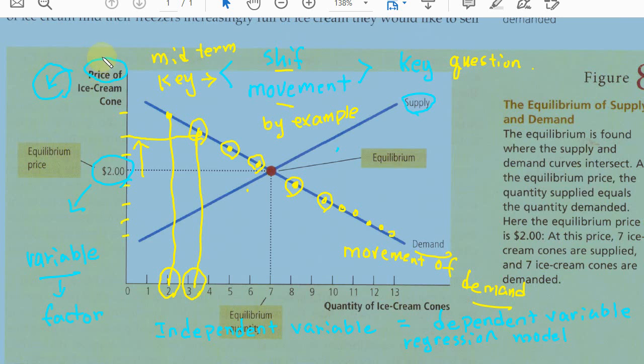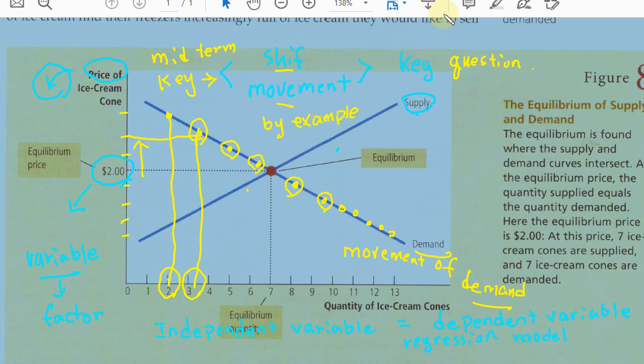Imagine the variable that directly influences demand movement and supply movement. Not only pricing, but also other factors you can imagine. In your report, you can imagine whatever factors you think can directly influence the movement of demand and supply.